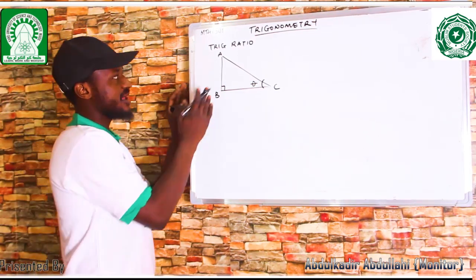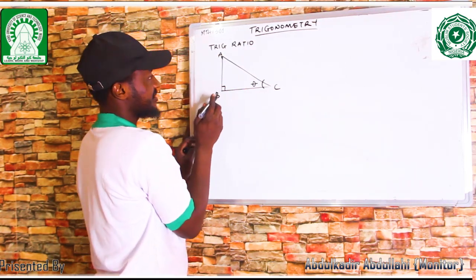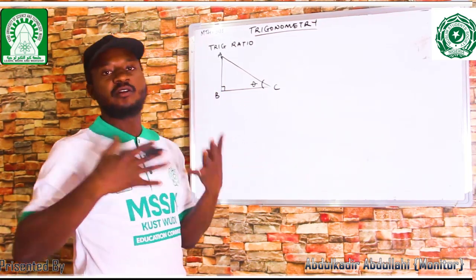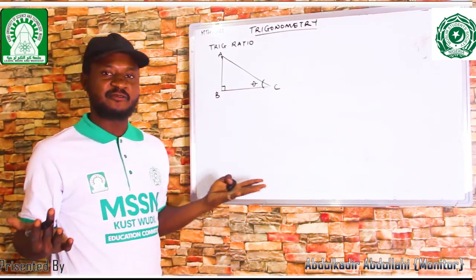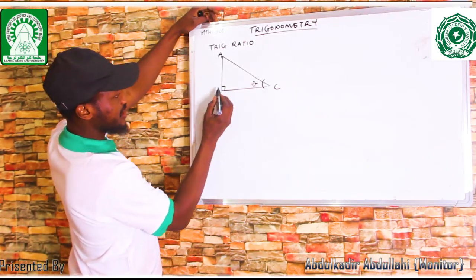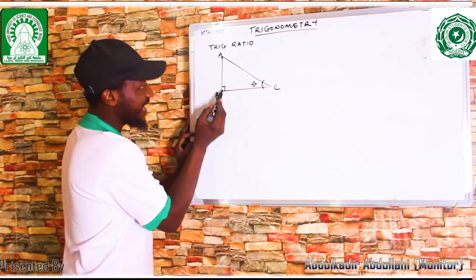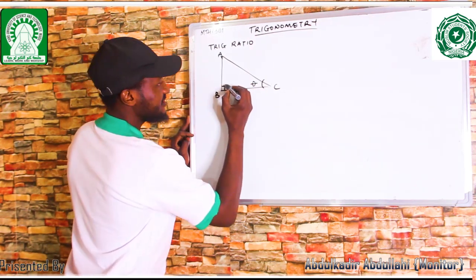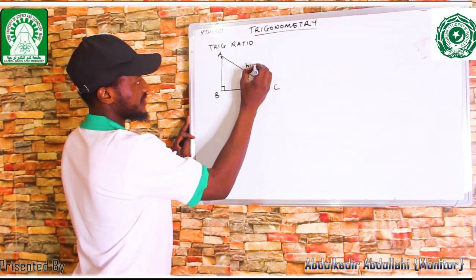Whenever you are given a right angle triangle, the trig ratios are three: sine, cosine, and tangent. So how are we going to identify the sine, cos, and tan? First, consider your angle 90. The side facing angle 90 is called the hypotenuse.